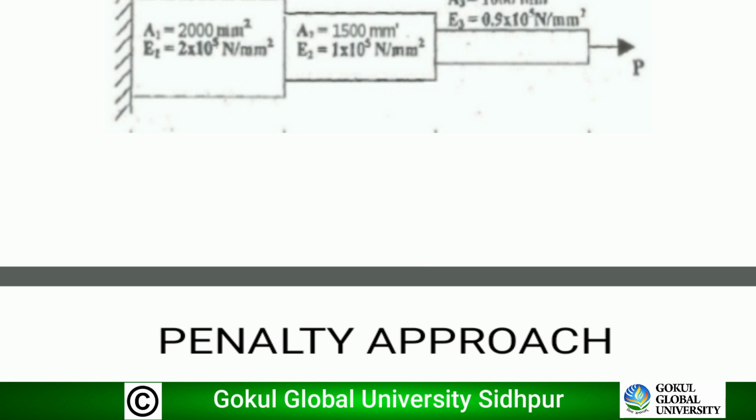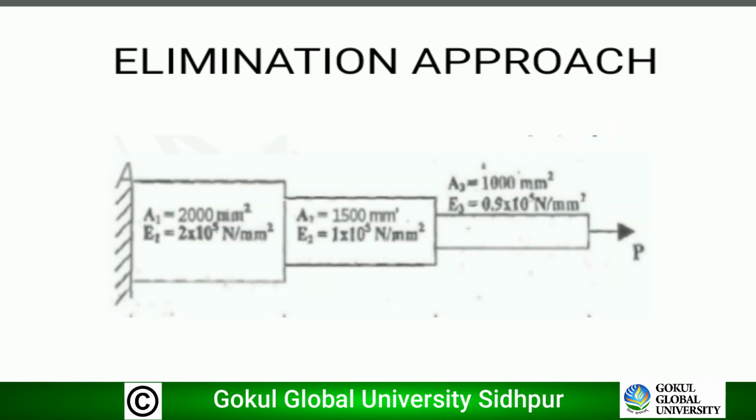Then node number 1 and 3 are the fixed nodes, right? So K11 plus C and K33 plus C are added in our global stiffness matrix, and from there you can calculate your unknown displacements Q1, Q2 and Q3.